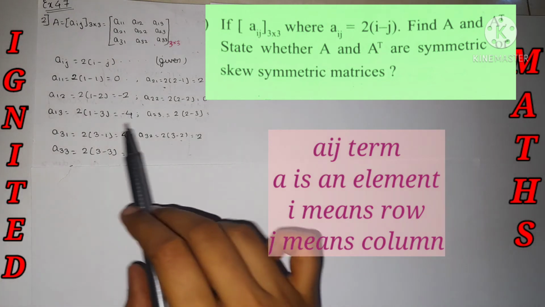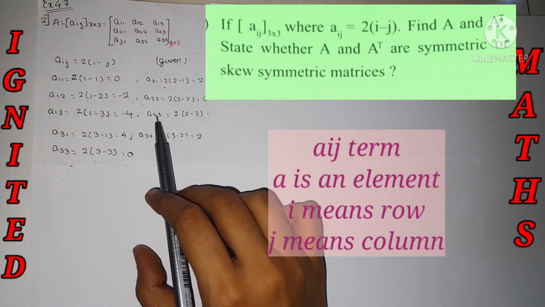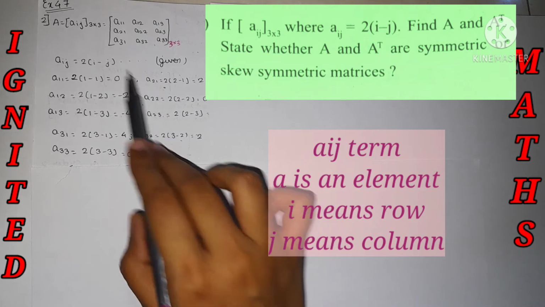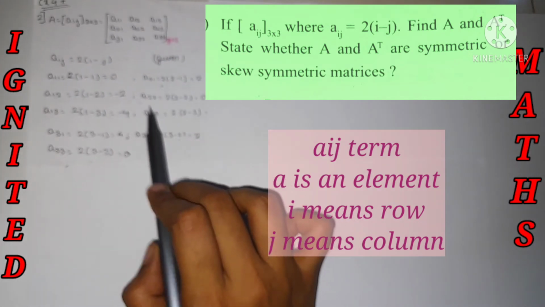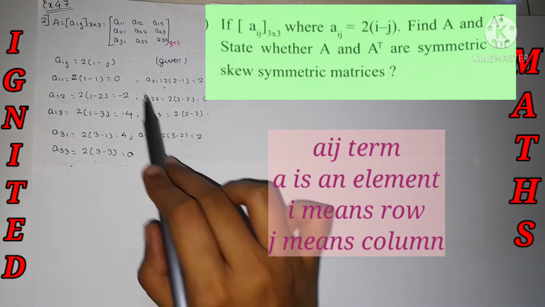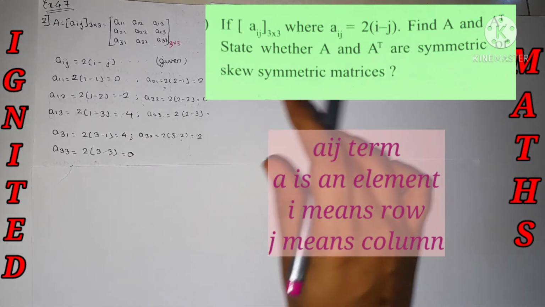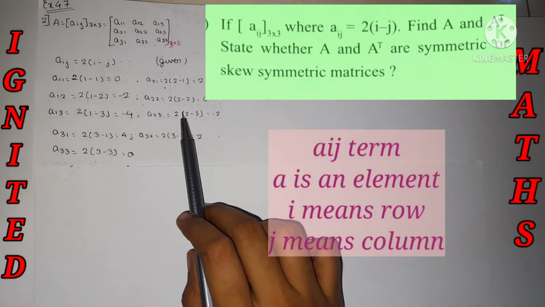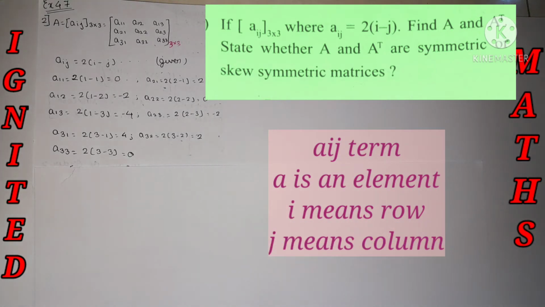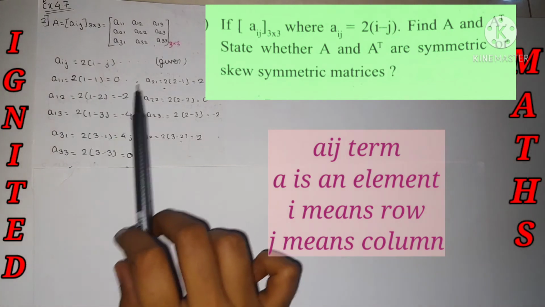Now for example, I took the A23 element. According to the given question, A23 is 2 of (i minus j), where the i value is 2 and the j value is 3. So 2 minus 3 is minus 1, and 2 into minus 1 will be minus 2. This is how we need to solve it. I have specifically done the reference for each and every term.